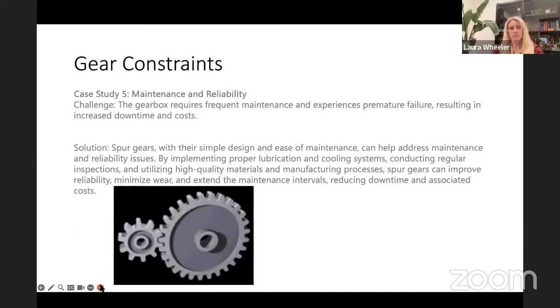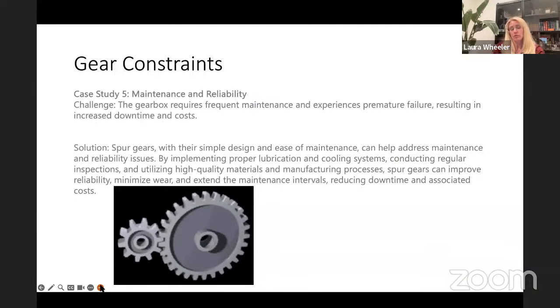Our last particular constraint was one of maintenance and reliability. So the possible solution, if we want to address that, is that spur gears have very simple designs and very easy maintenance. They can help.